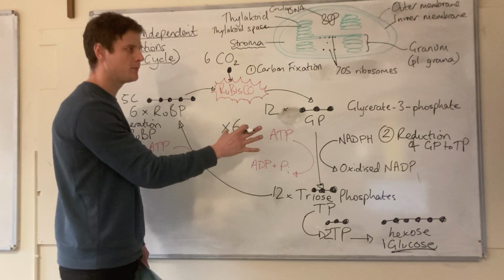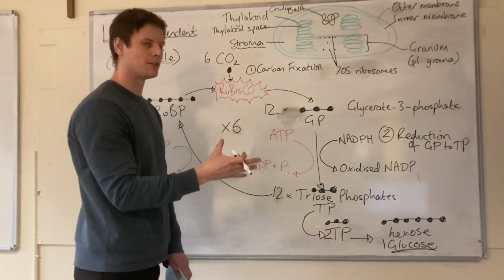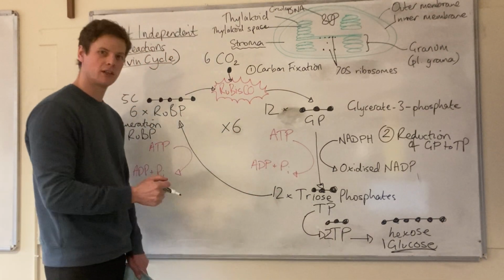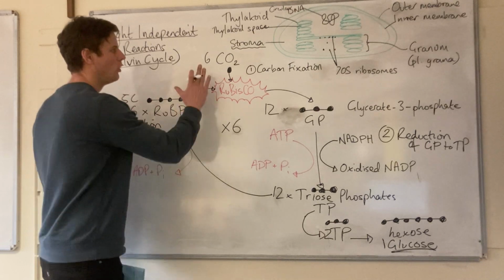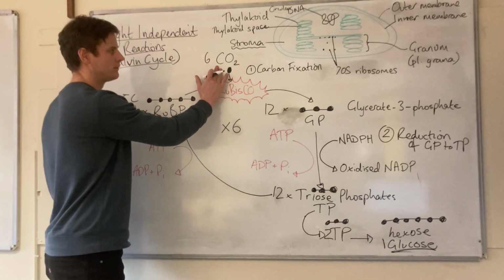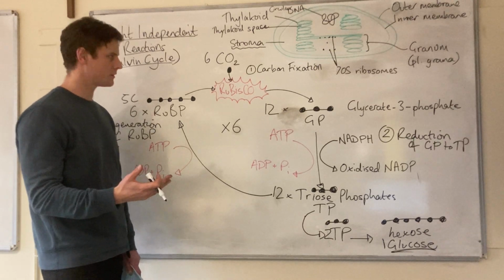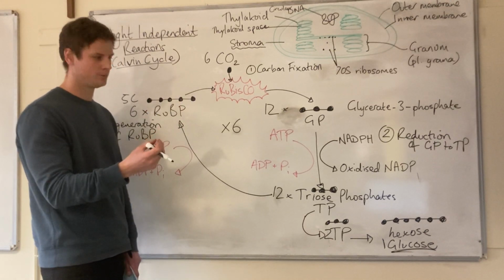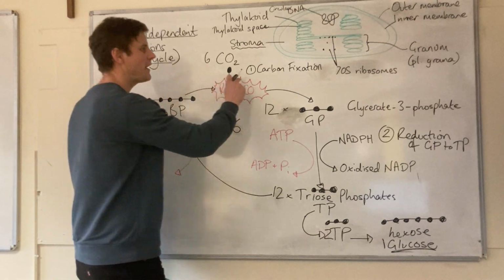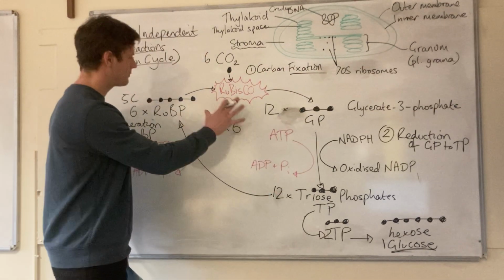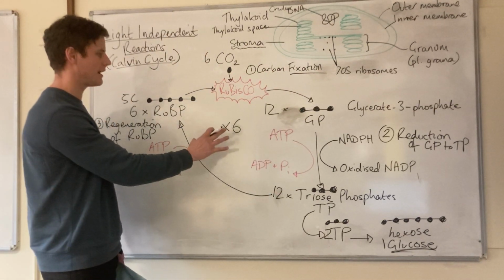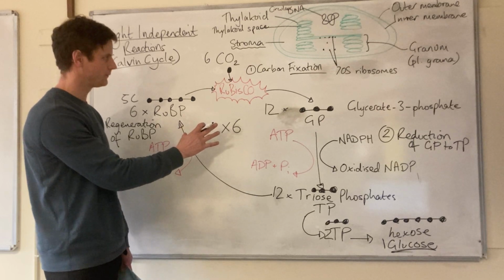Let's think about all of the atoms that have come together to make our first biological molecule. All of the carbon and all of the oxygen in all biological molecules comes from the atmosphere. And it is fixed in this process, in the light-independent reactions, or the Calvin cycle.